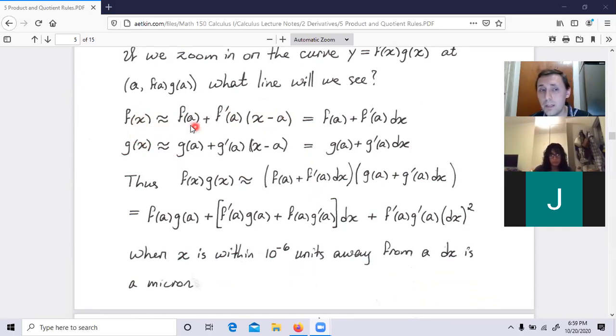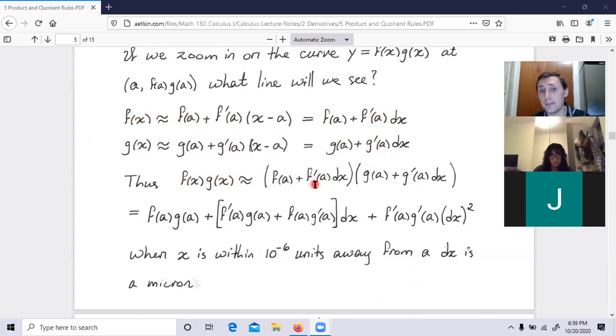So I know that if I zoom in at the curve for f, I will see this stand-in, and if I zoom in at the curve of g, I will see this stand-in of g. Why do I say stand-in? Because look at it. Instead of multiplying f times g, I multiply their stand-ins. They're very similar, right? This guy is very similar to f, this guy is very similar to g.